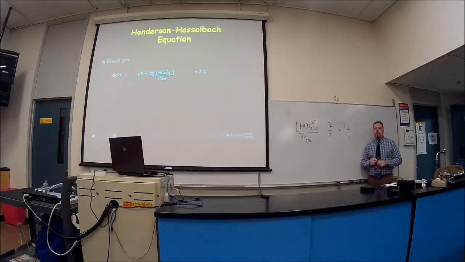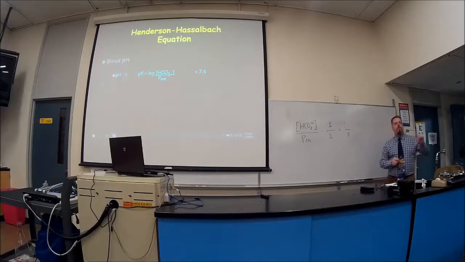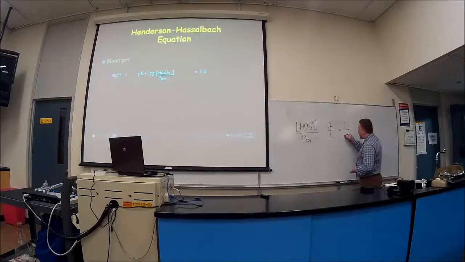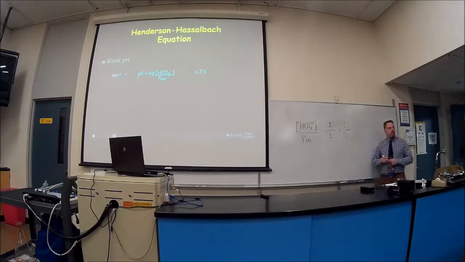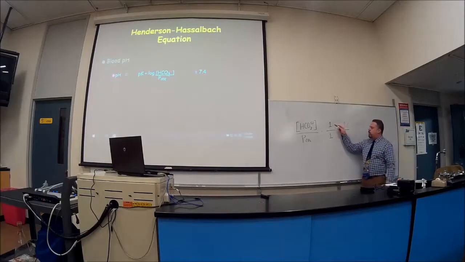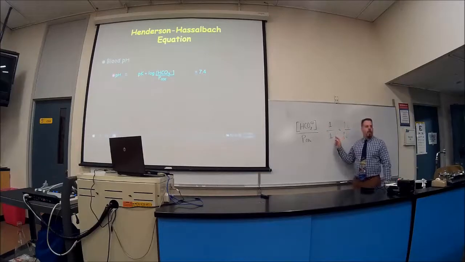And what is the lungs going to do? Is it going to hypoventilate or hyperventilate to keep more carbon dioxide in your bloodstream? Hypo. You're going to breathe slower, which means the carbon dioxide in your bloodstream is going to increase to 6. You see what's going on? Does that make sense to you? Okay? And it's all because this equals 1.